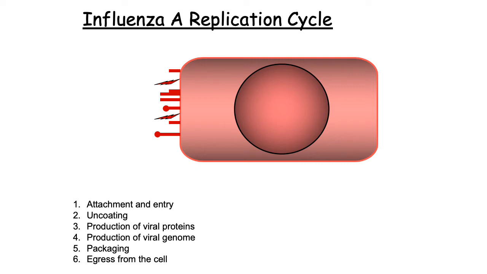All right, so it's going to enter, and that process is going to look real familiar. It's going to get pulled in via something like a clathrin-coated pit, and we're going to acidify that vesicle as if we were sending it to the lysosome, because we are, because cells are super predictable like that. There are going to be histidine amino acids in the stalk of the hemagglutinin protein, the HA protein.